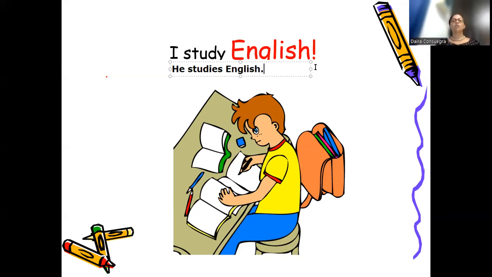Okay, he studies English. What is the difference? The person, the pronoun. Okay, when I talk about me, I study English. I'm talking about me, I don't need to add anything to the verb. No necesito nada en el verbo. This is just for third person singular. Tercera persona singular. In this case, he, she, it. Remember that. He, she, it. It's like a chant, okay?